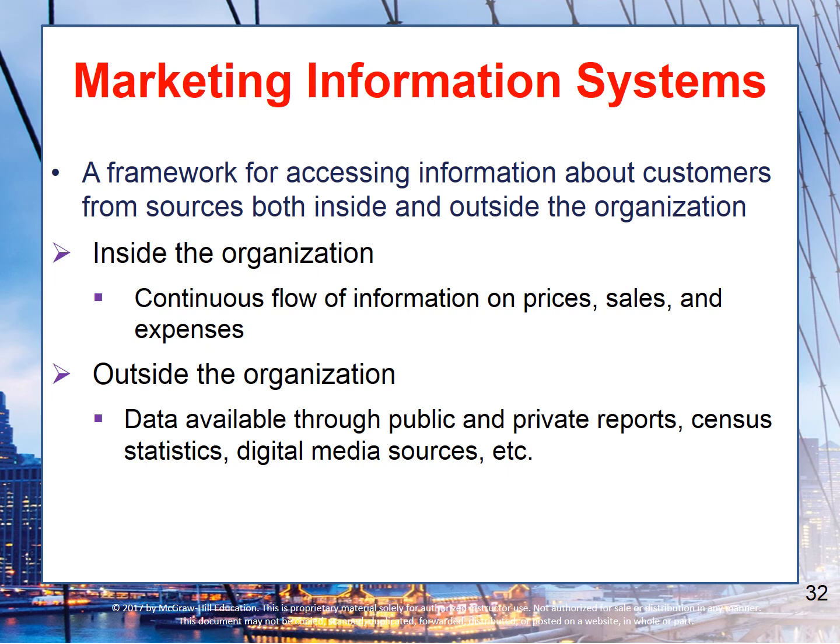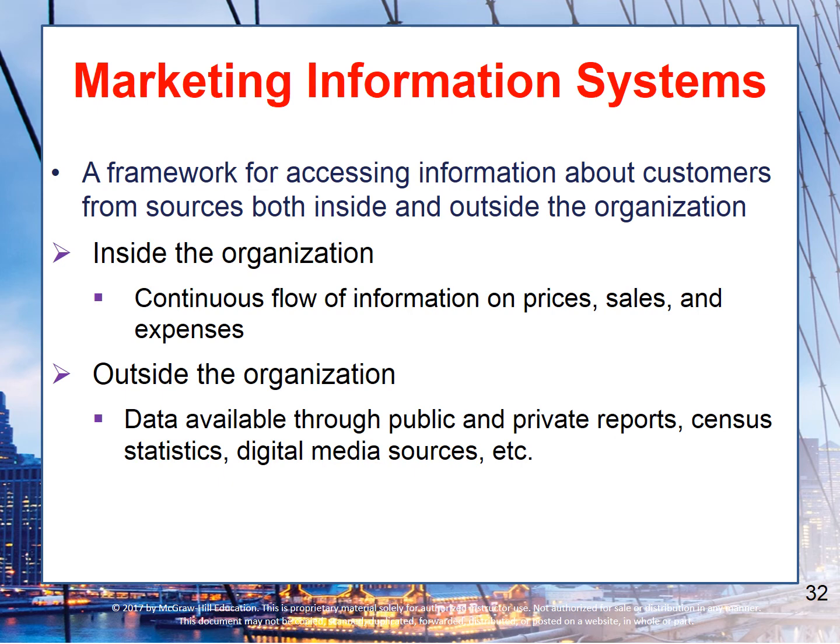So where do we get this marketing information? The marketing information system is considered a framework for assessing information, again, about customers. And you have two basic sources. You have inside and outside. Inside is considered to be a continuous flow of information on prices, sales, and expenses. Your inside is going to come from your sales representatives, from your customer service representatives, just from people that read emails and different things like that.